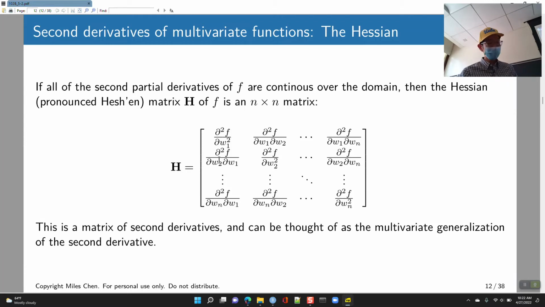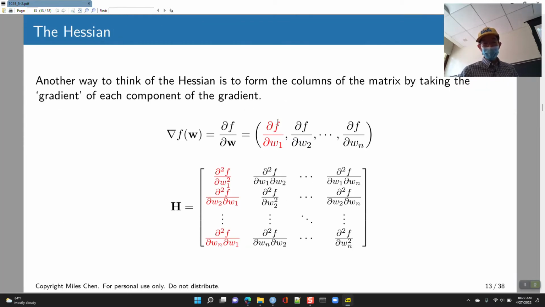If you look at each component, let's take the first component of the gradient, which is the partial of f with respect to w1. What if I took the gradient of this thing?